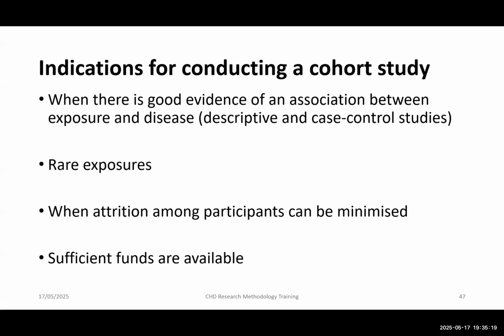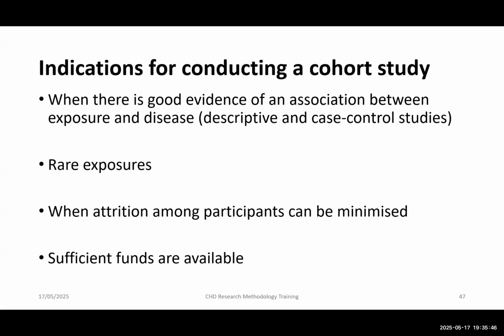And then the attrition among participants must be minimized. You don't want to start with a sample size of 100, and by the time you're following them up and want to do the analysis, only 10 people remain. Your results will not be valid. So you may want to use a cohort of people who work together or live together, because people who work together will most likely stay in that organization for a long time.